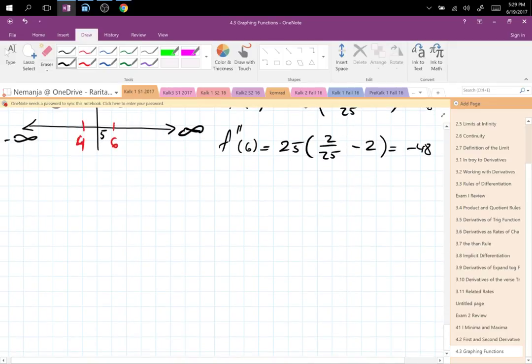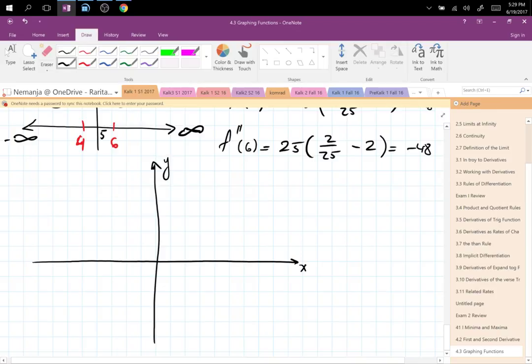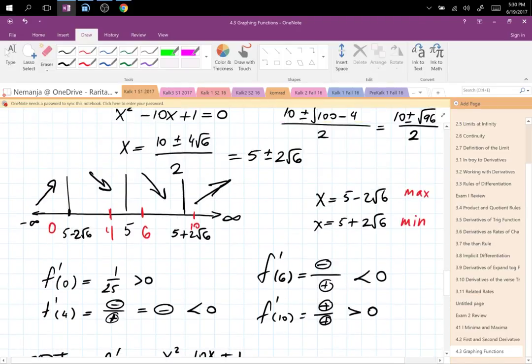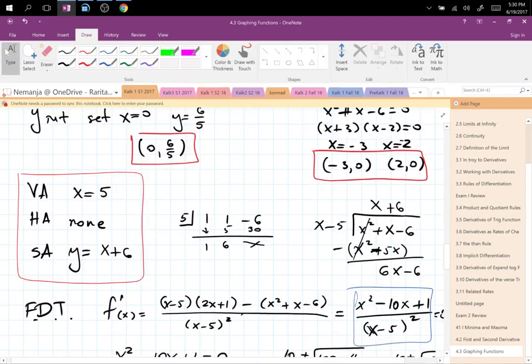Let's graph. I usually start with points or the asymptotes. So vertical asymptote at 5, slant at x plus 6. You know what?